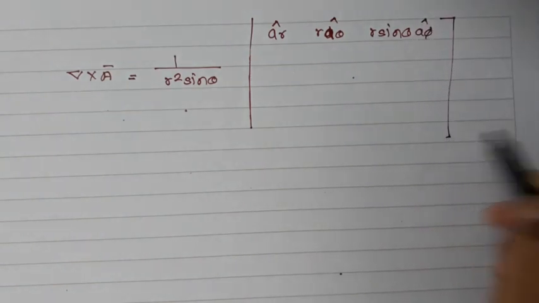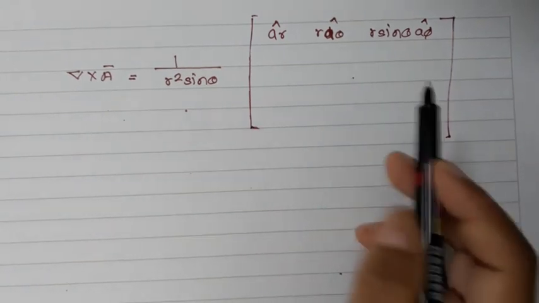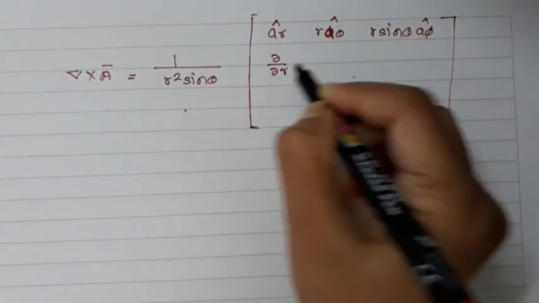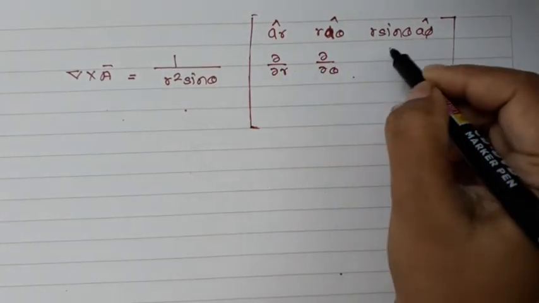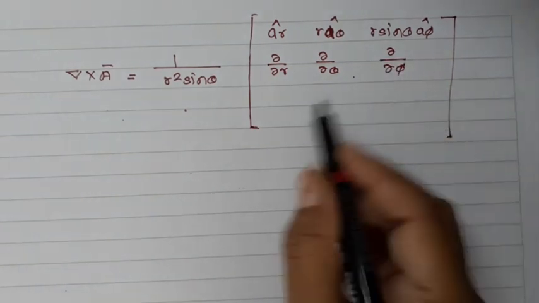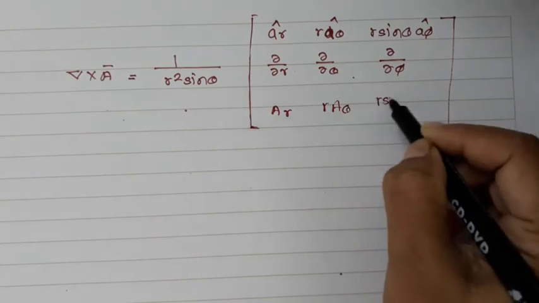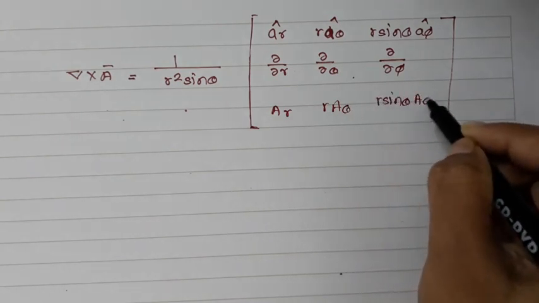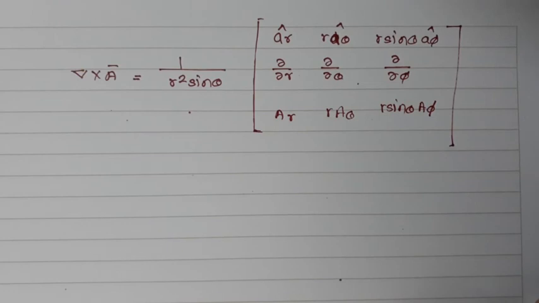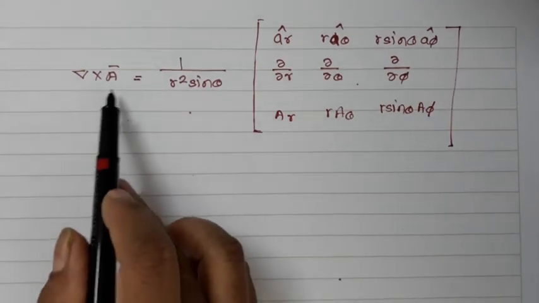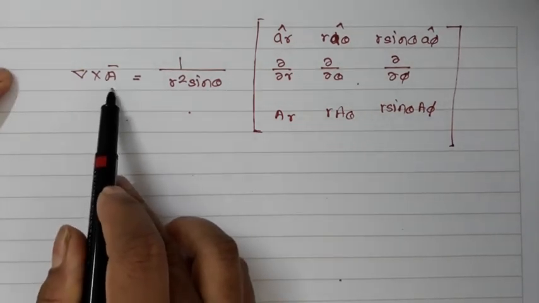The next row is d by dr, d by d theta, d by d phi. Here A_r, r A_theta, r sin theta A_phi. So this is how we are going to represent the curl of the vector potential.